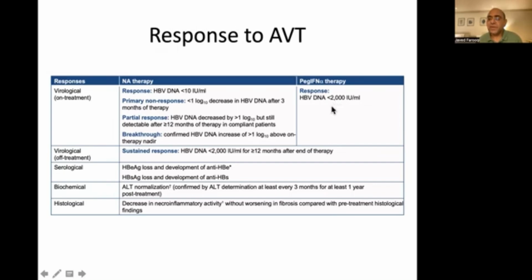I have discussed these values in detail in my first video on hepatitis B. So the pegylated interferon response is if the DNA level falls lower than 2000 international units. And sustained response for pegylated interferon will be that, off treatment, the DNA remains less than 2000 international units for more than 12 months after the end of therapy.